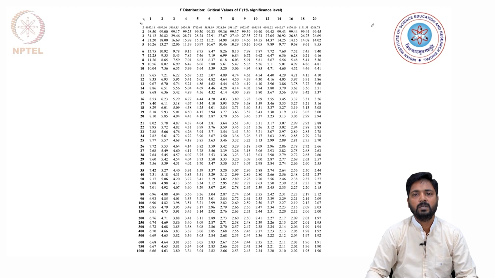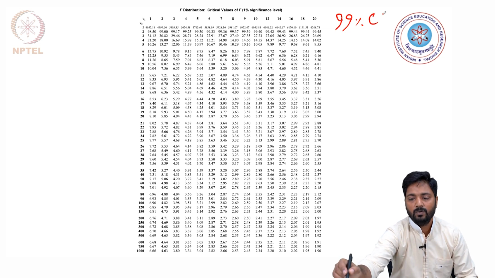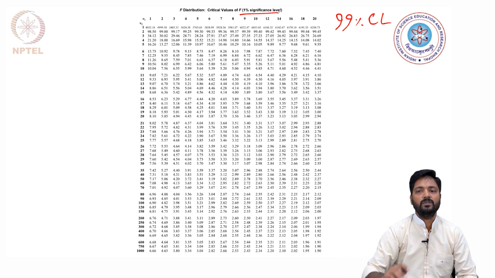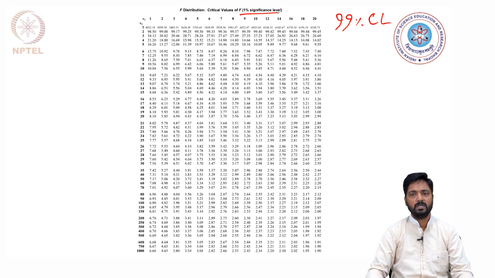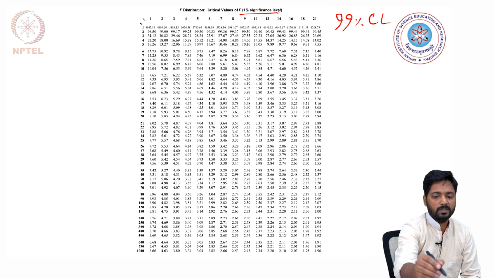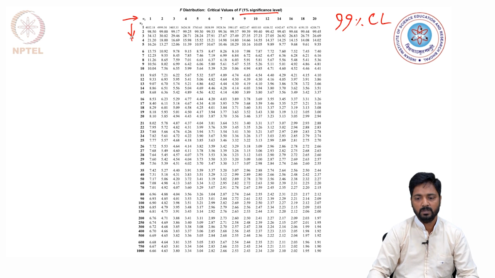Now going to 99% confidence level or 1% significance level, we have another table which is similarly tabulated with the 2 degrees of freedom being mentioned in the table.